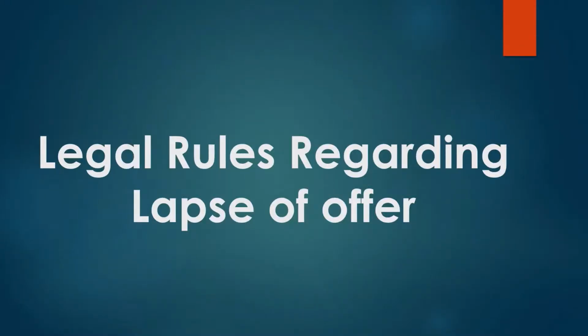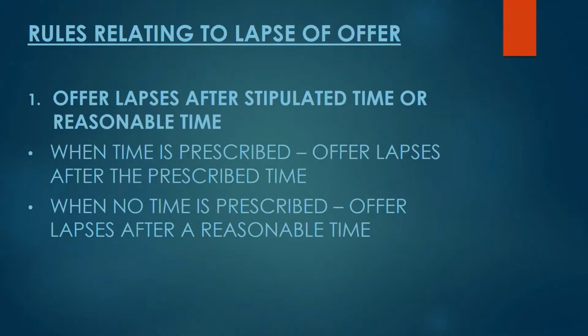All right, people. Now we'll be discussing some rules relating to lapse of the offer. I'll explain to you under what circumstances a valid offer can lapse. So let's get started. First, an offer lapses after a stipulated time or a reasonable time. So there are two things here. First, when the offer prescribes a time limit within which it must be accepted.